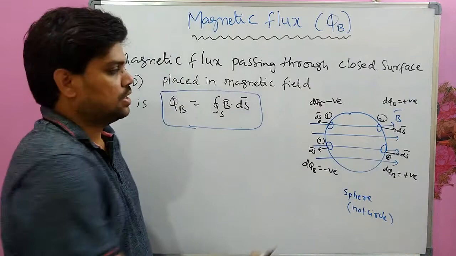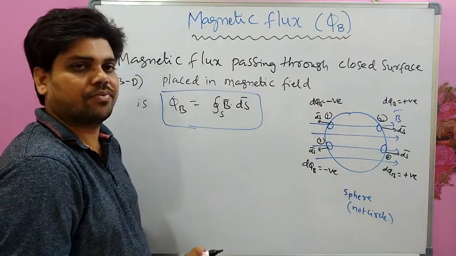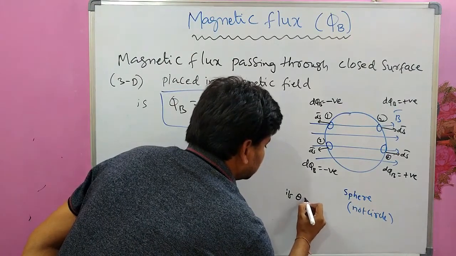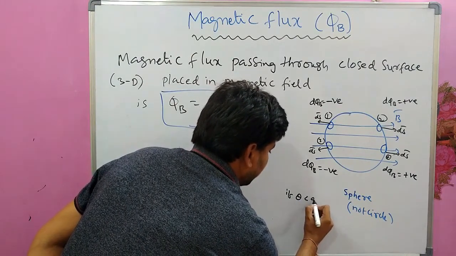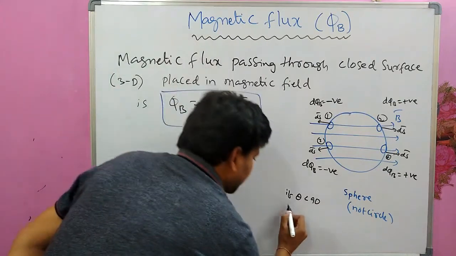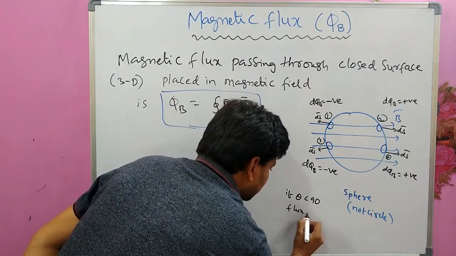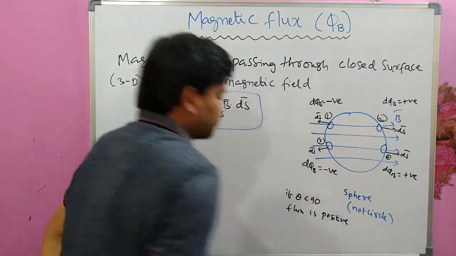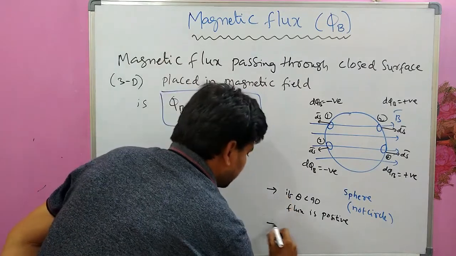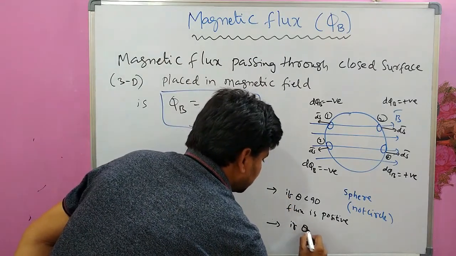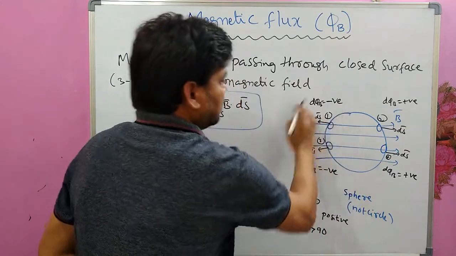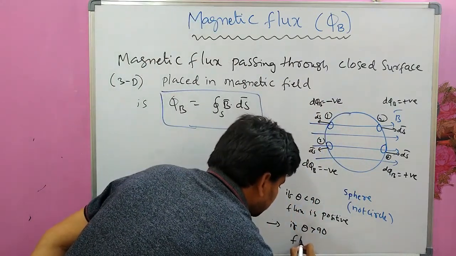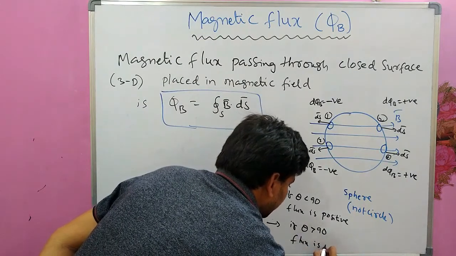What can we conclude from this? If theta is less than 90, flux is positive. The second thing, if theta is greater than 90, see here it is greater than 90, 180 almost, flux is negative.